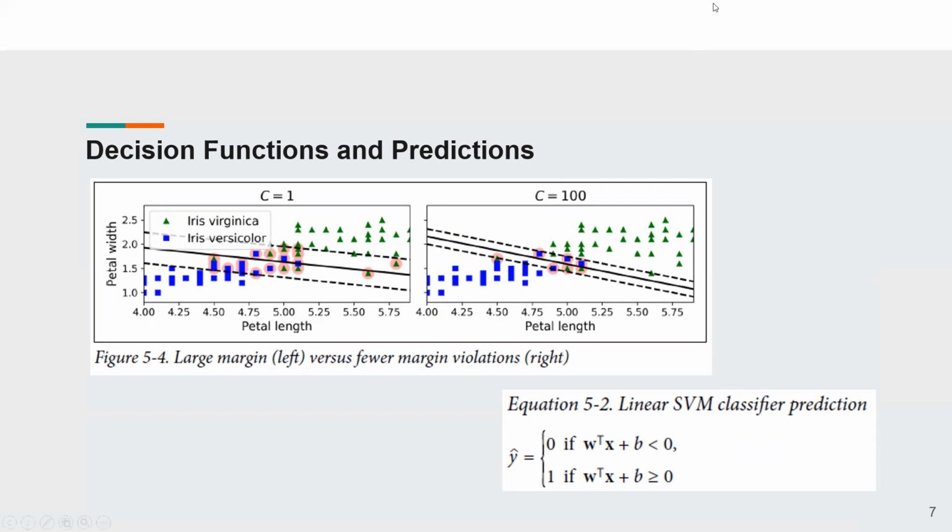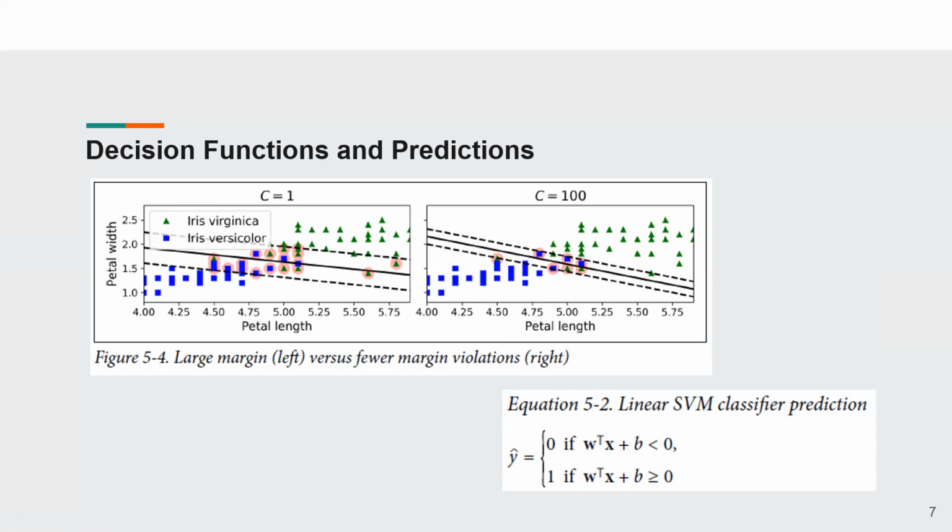In support vector machines, you could use this decision function, which is a specific line: w transpose times x plus b, less than 0 to be class 0 and larger than or equal to 0 to be class 1. That would be our solid line to differentiate those two different classes.